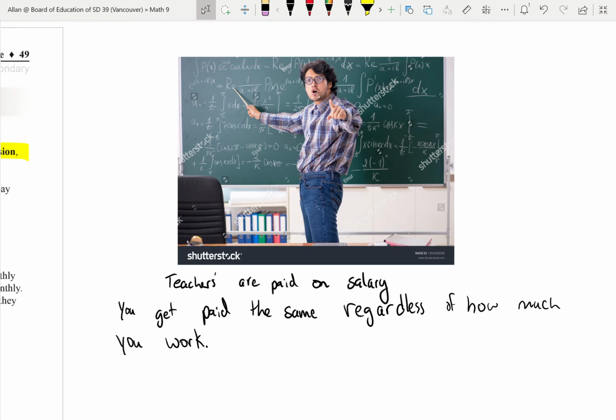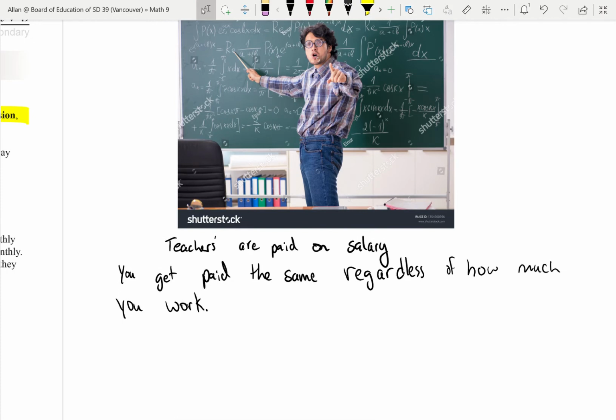Because you get paid the same amount over each pay period, for jobs that are on salary, it doesn't matter if you're working 8-hour days or 10-hour days or 3-hour days, you're going to get paid the same amount.